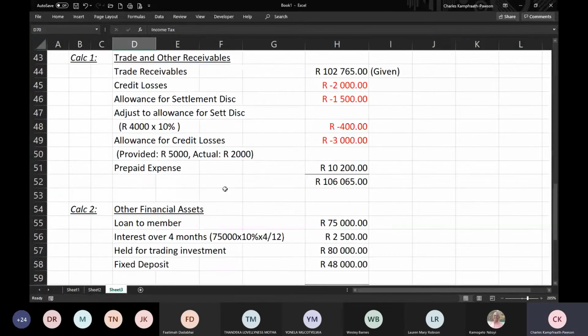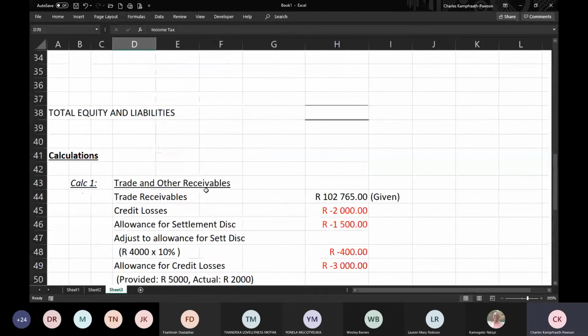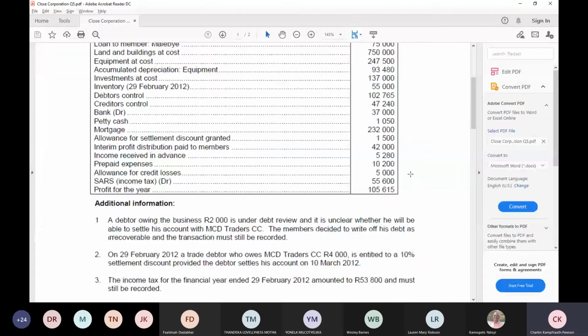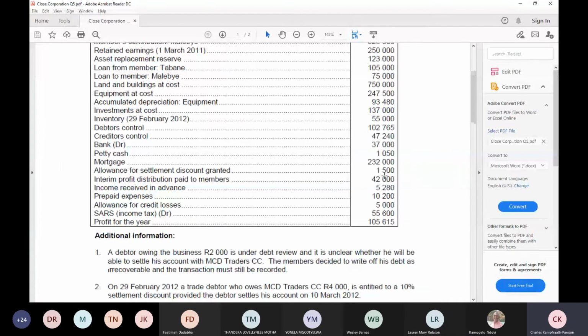Okay, then what we must also take into account, if we look at the given information, remember there was an interim profit distribution to the members of 42,000.